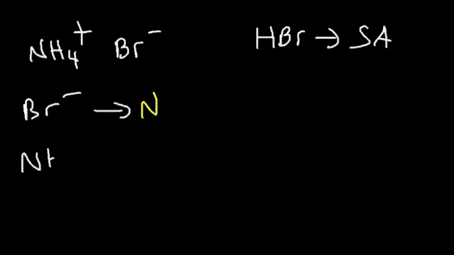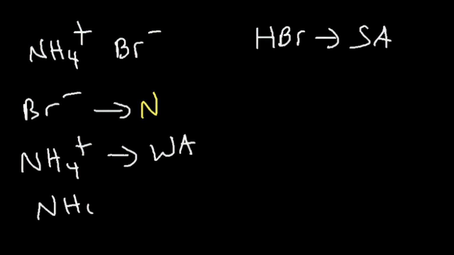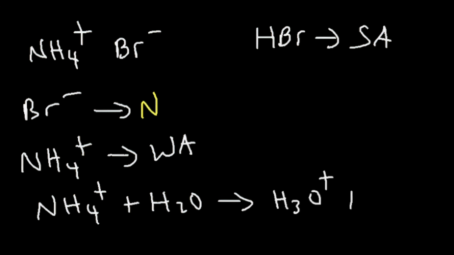Now NH4 plus, this is something you have to know. It's a weak acid. If you were to put NH4 plus in water, it's going to donate a proton to water, generate an H3O plus and NH3, the conjugate base. And this reaction is reversible. So as you can see, when you put NH4 plus in water, it generates H3O plus.